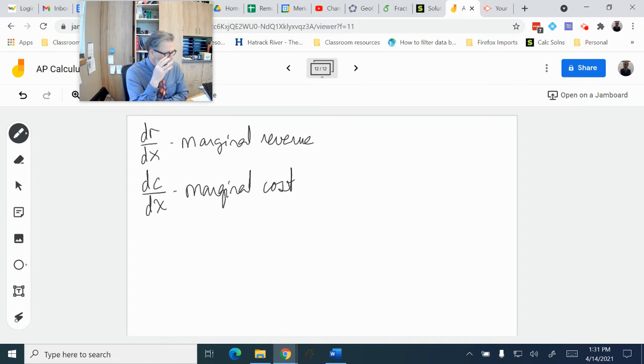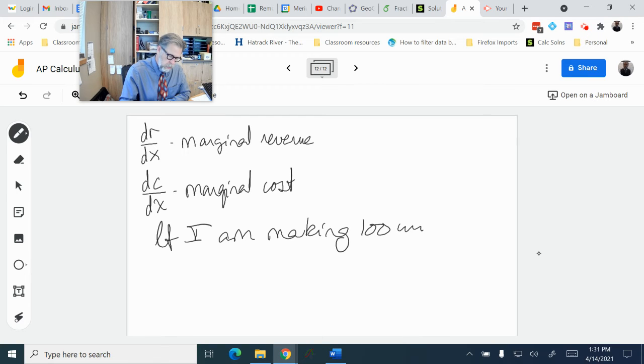And one way to think about these is what happens at the margins. So for example, if I am making 100 units per week, what happens if I increase to 101?